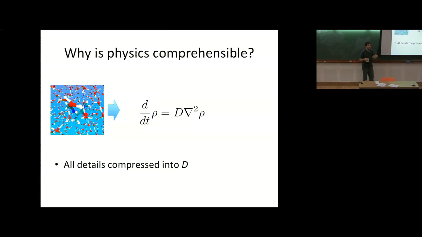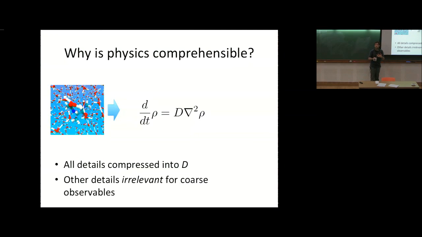So we have this very complicated system, and all these other details, the ones that don't affect D, are in a precise renormalization group sense irrelevant, but also in our everyday use of the word, right? That there's lots of details that don't influence D, but they're irrelevant.